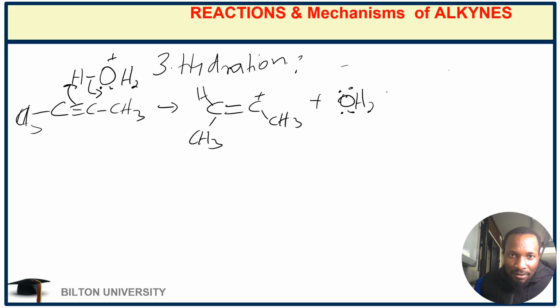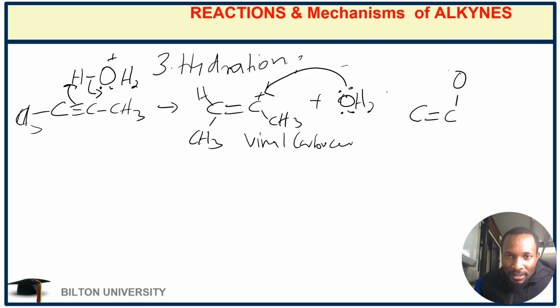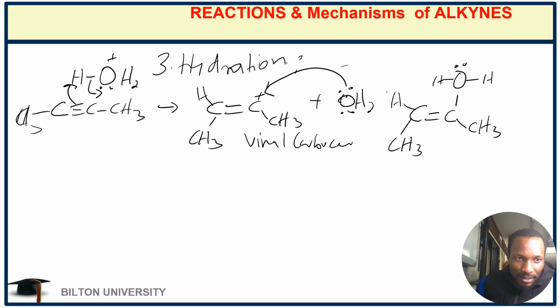This is the vinyl carbocation, and the nucleophilic attack means that water will come and we're going to form a carbon-oxygen bond, with the oxygen having two lone pairs, and we have our CH3, CH3, and H. Now, with this nucleophilic attack of water, let's redraw it here.